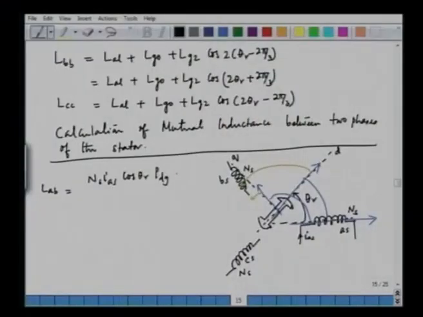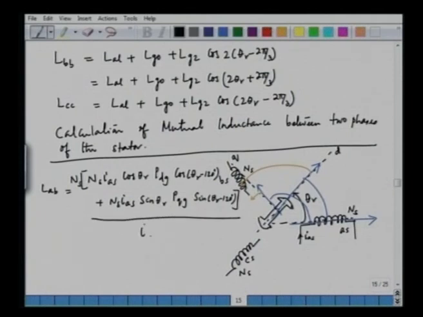So, we can just write down, in this case it is cos of theta r minus 120, okay, and then plus ns is, we can again find out the sine component for the q axis, sin theta r into P qg into sine of theta r minus 120, and that is multiplied by the number of turns of phase B. Phase B is having a number of turns of ns divided by the current of phase A, that is Is.